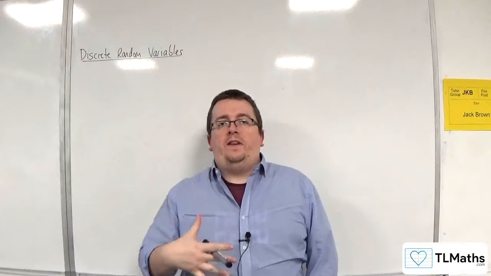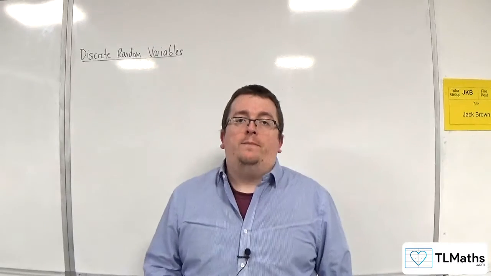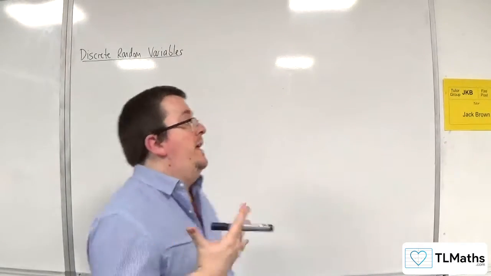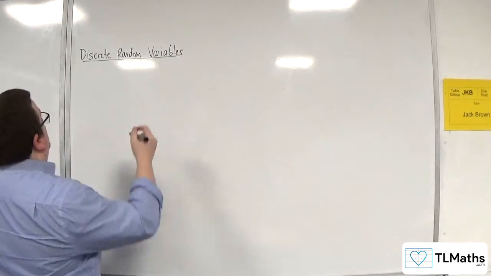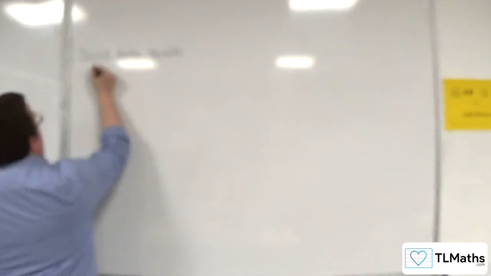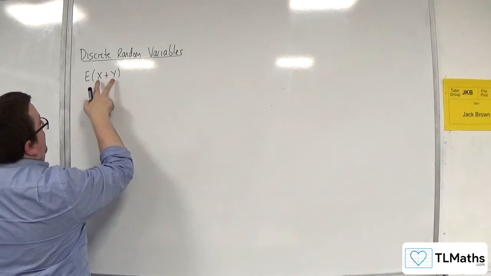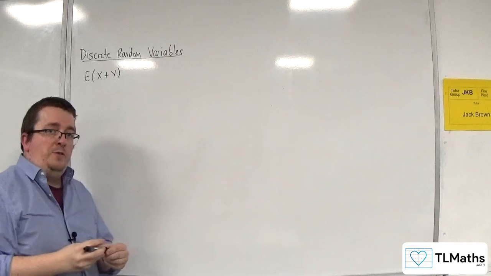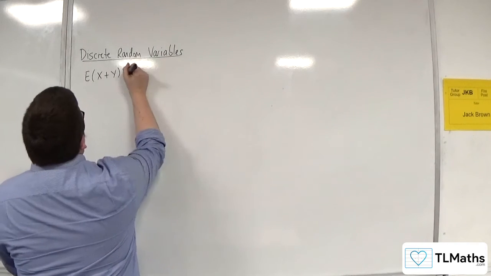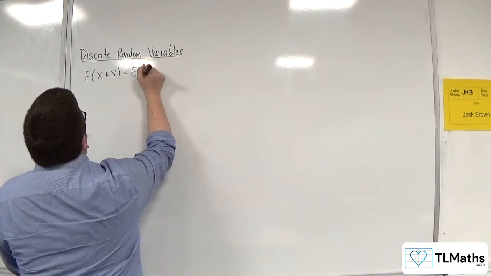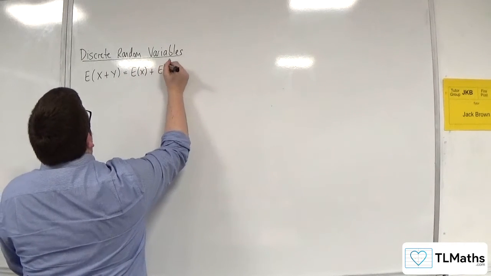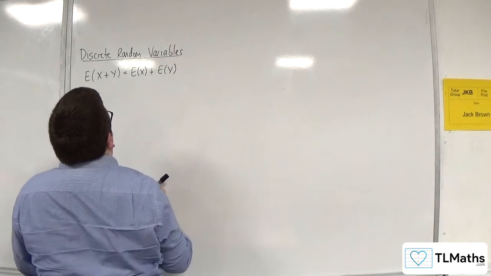So in the previous video, we did some exploration, and what we found, and this is in general true, is that E of x plus y, the expected value of the sum of two discrete probability distributions, is equal to the expected value of x plus the expected value of y.